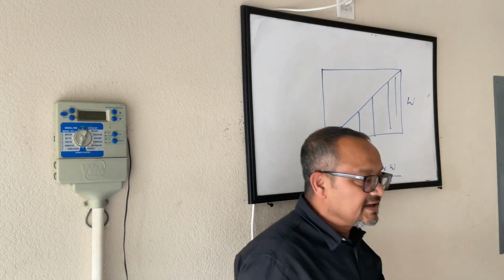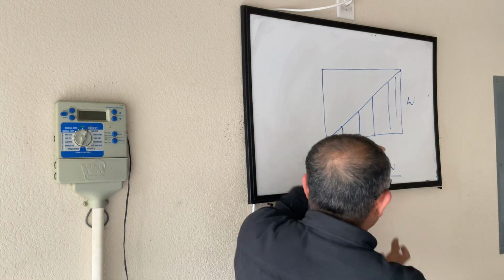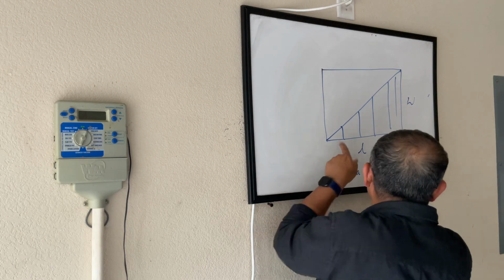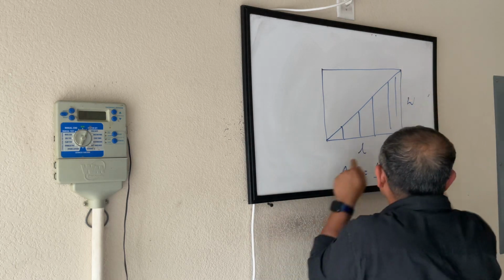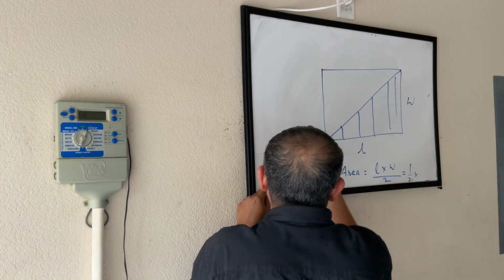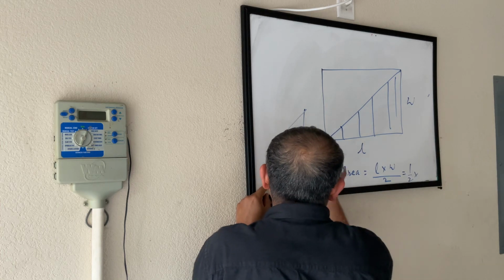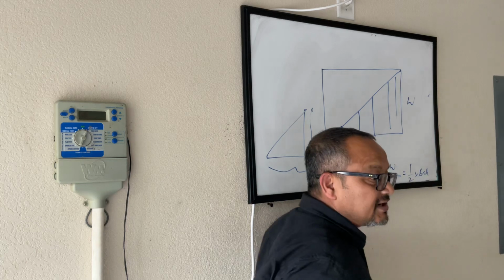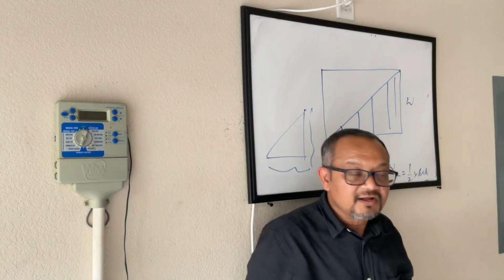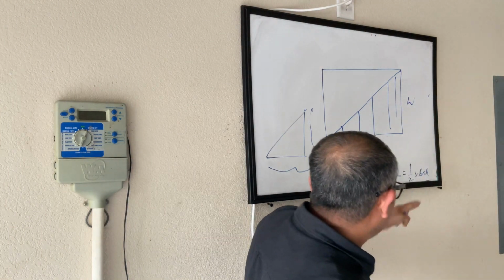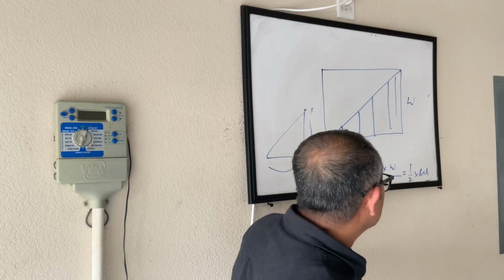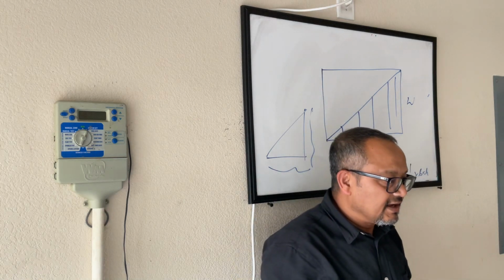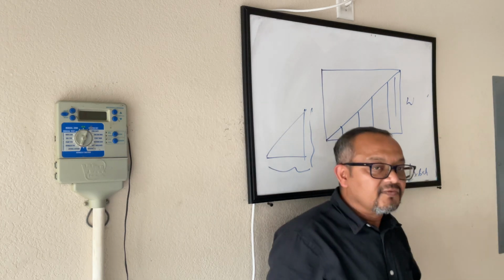And hence, area of a triangle becomes half into this into this. In case of a triangle, we don't call it length and width. We call it base and height. So it becomes half into base into height. This is just a formula we are relating based on how we see it optically, and we'll use this formula for calculating it.